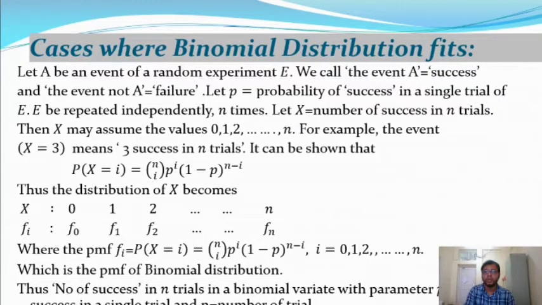This is called the binomial distribution, and it can be written as nCi p to the power i into (1 minus p) whole to the power n minus i.